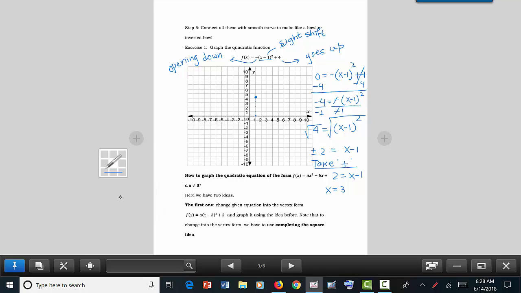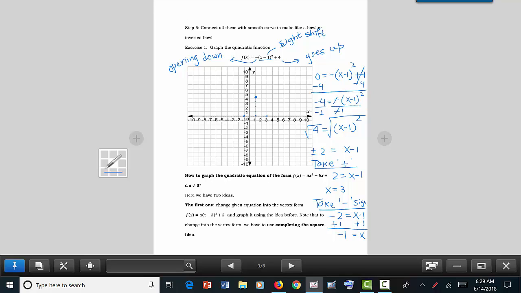And if you take the negative sign, negative 2 equals x minus 1, add 1 on both sides. What we got? X is -1. So the graph was touching at 3 and it will touch at -1.